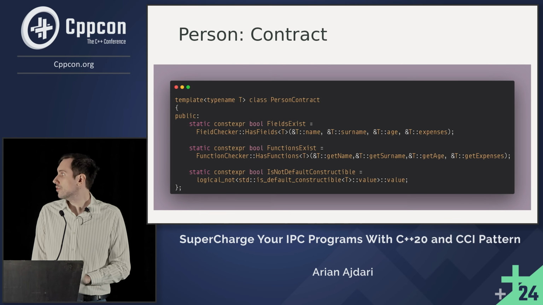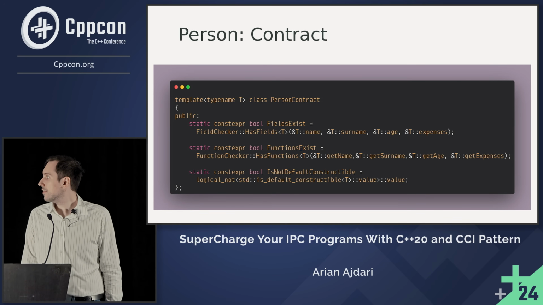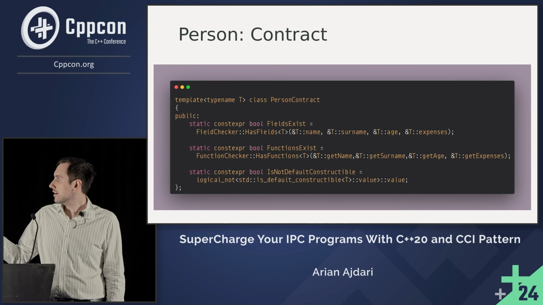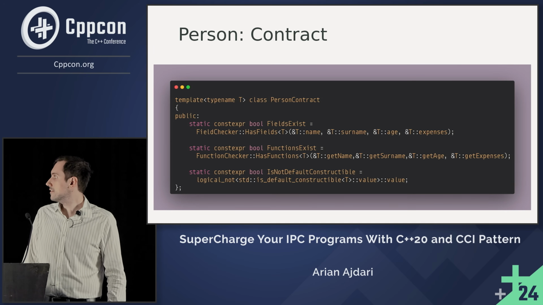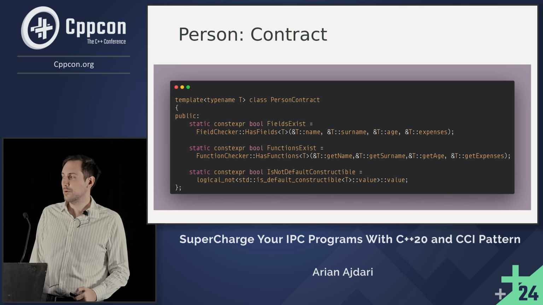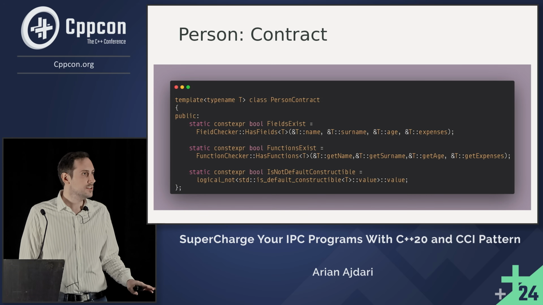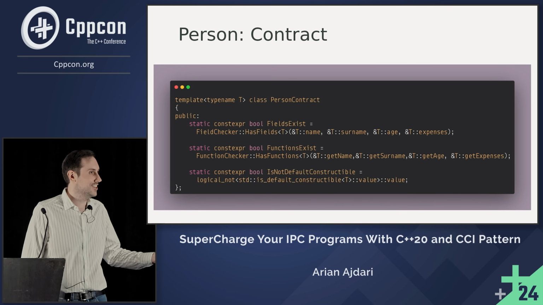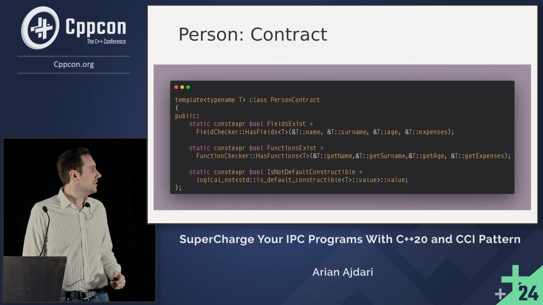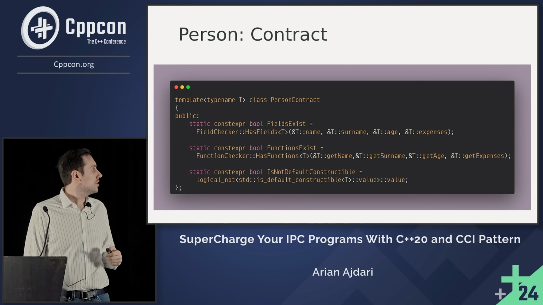Similarly, we do the same for the functions. We check whether it has the getters called get name, get surname, get age, and get expenses. And finally, we want to make sure that the person is not trivially constructible, and that is where we use our logical not helper function that we defined, and we just place the return value inside the is default constructible.